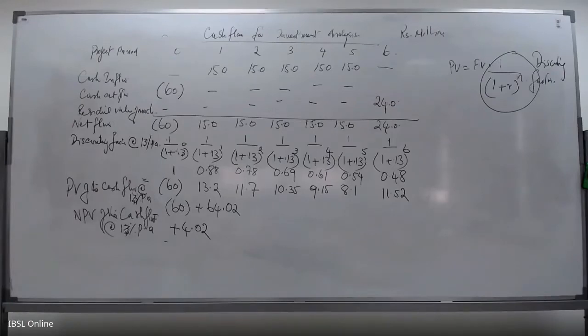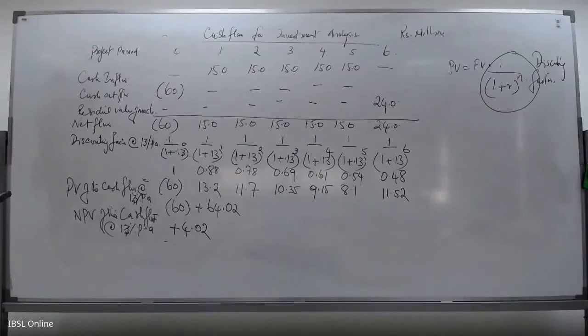Since the NPV is positive, that means the cash inflow, that is the income in present value, is more than the cash outflow, that is the investment in present value.